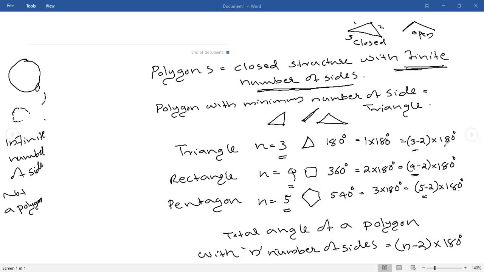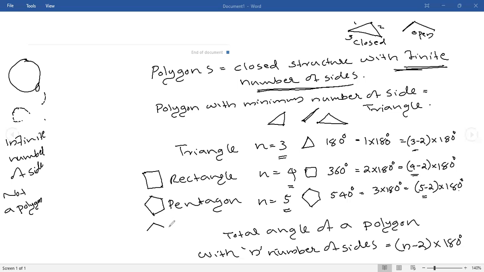Yes, sir. Okay. Sir, can all polygons be called a triangle? No. If you look at this polygon, we have 4 sides, that is a rectangle. In this case, 1, 2, 3, 4, 5 sides, that is a pentagon.